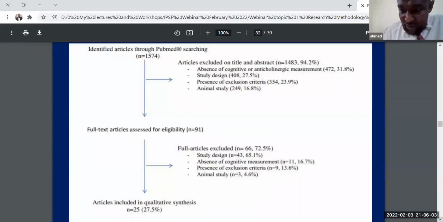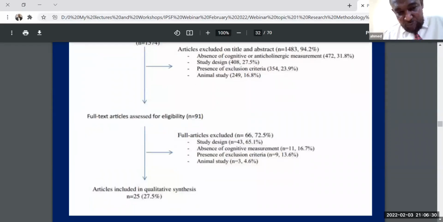PRISMA is an abbreviation for Preferred Reporting Items for Systematic Reviews and Meta-Analyses. So they have criteria, certain requirements. One of the requirements is that the included and excluded articles, and how articles have been selected, be presented using a flow diagram or flow chart. We saw an example of a flow diagram before.